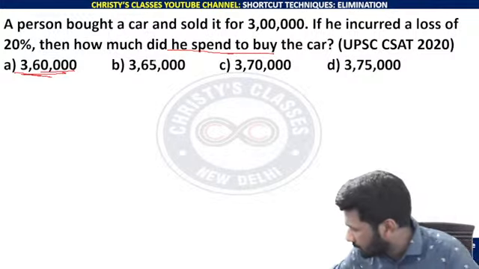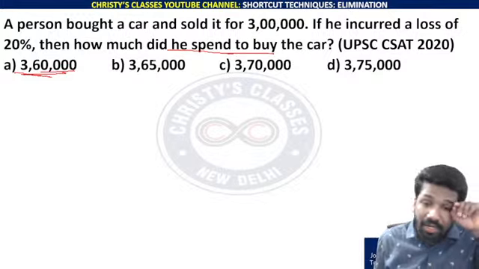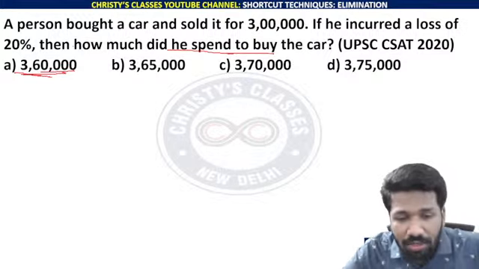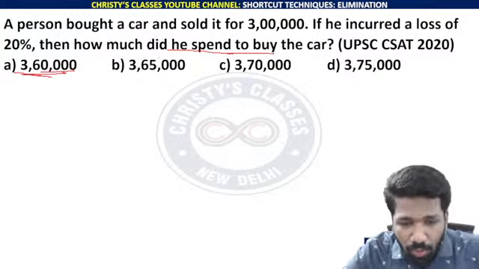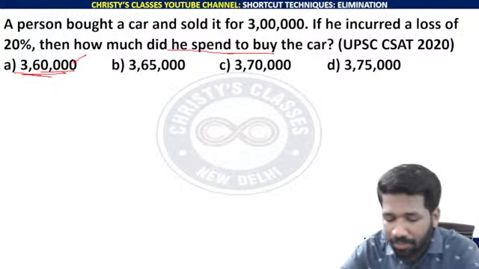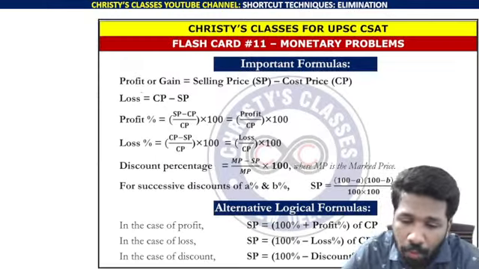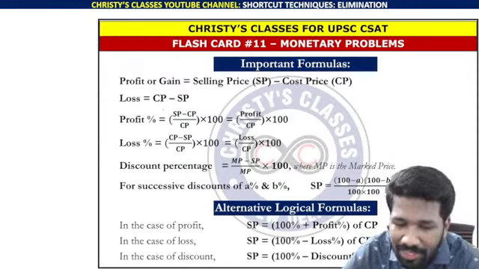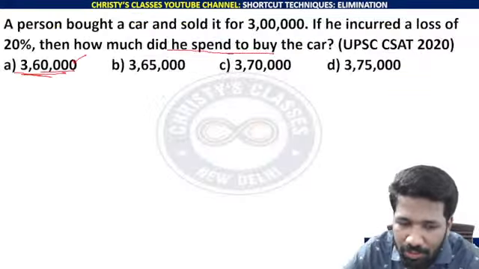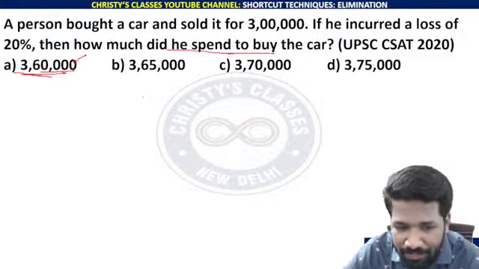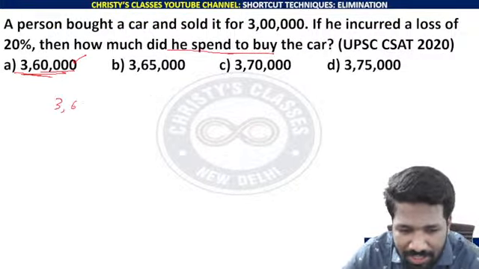Read the whole question with respect to that. In profit and loss terms, the cost price or CP is 3,60,000 if option A is the correct answer.